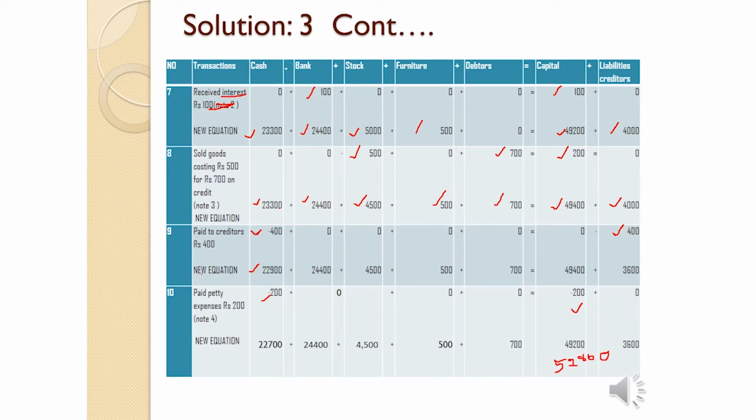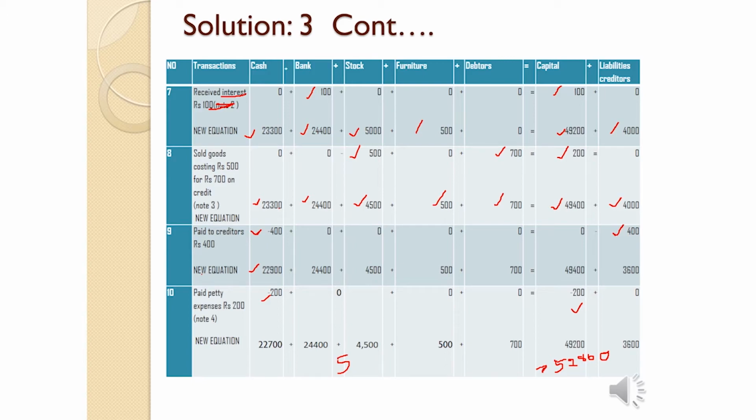So 52,800. Now you have the asset side here 22,700 plus 24,400 plus 4,500 plus 500 plus 700. So totally 52,800.